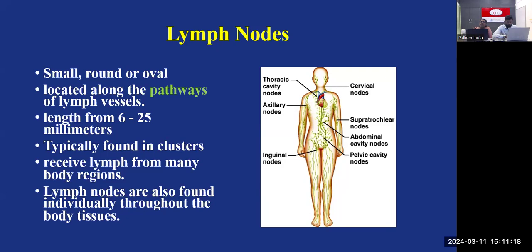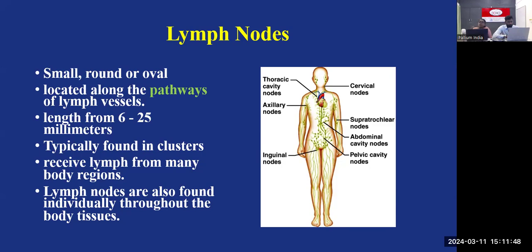There are around 600 to 700 lymph nodes in our body. From this picture also you can see there are a lot of lymph nodes in the body, located in between the lymphatic vessels. The length is 6 to 25 millimeters, typically found in clusters.